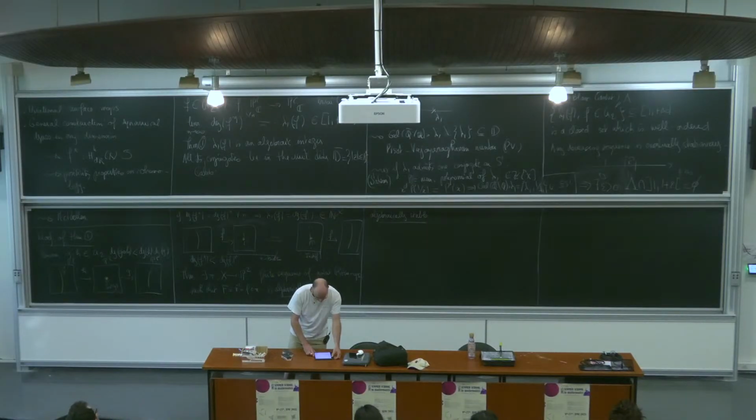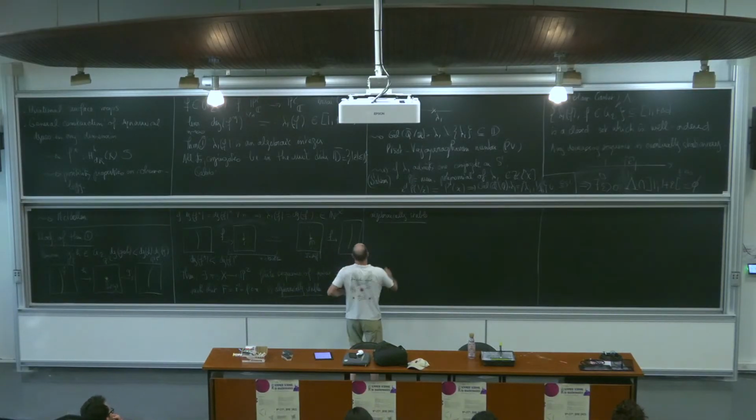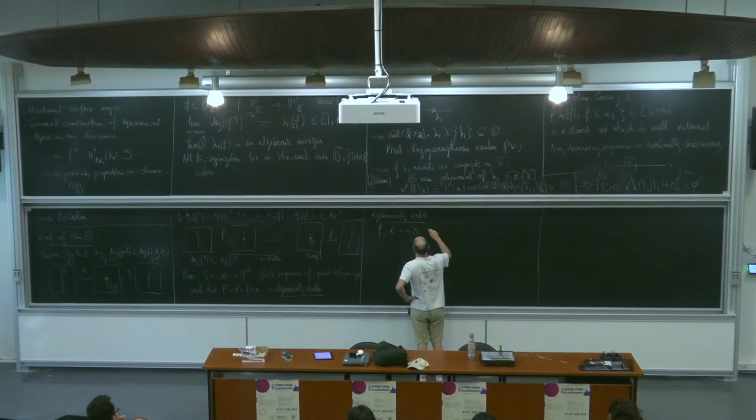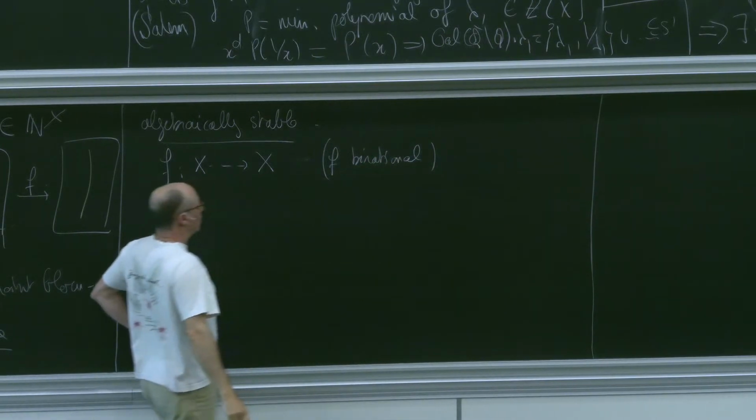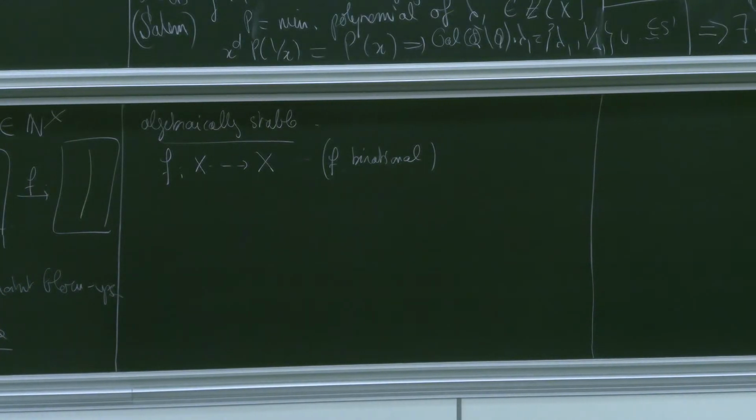So what does it mean? If you have a map, let's say from X to X, let's say X projective, smooth, and f birational. It also applies to any rational map.